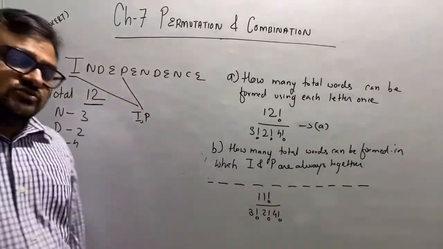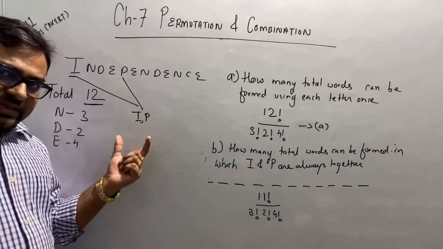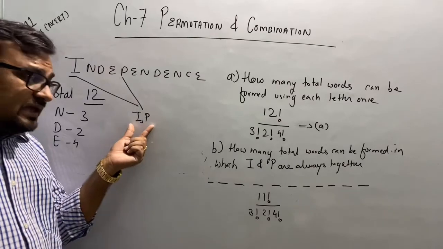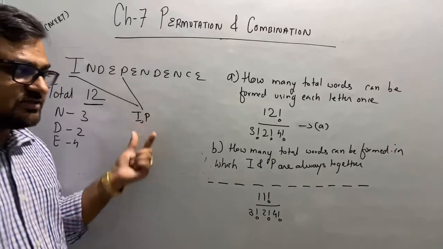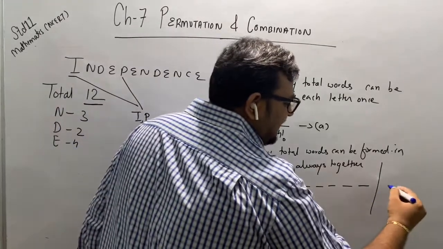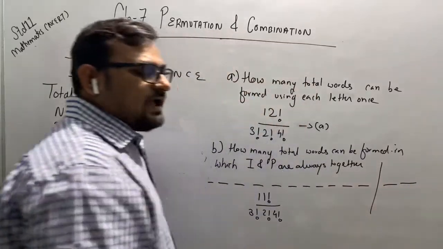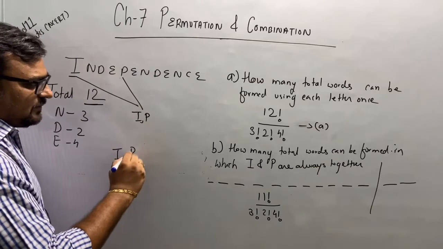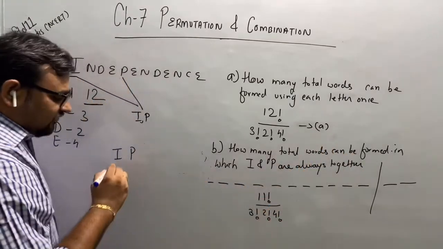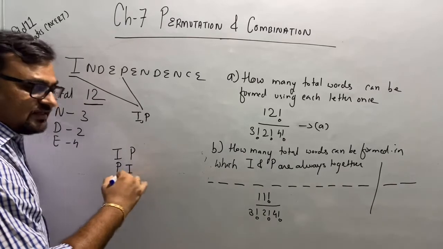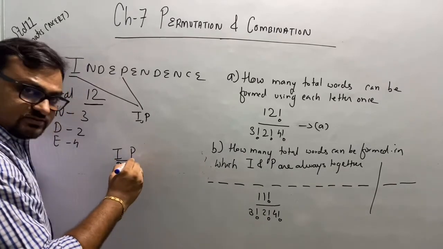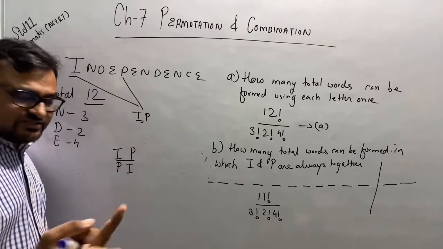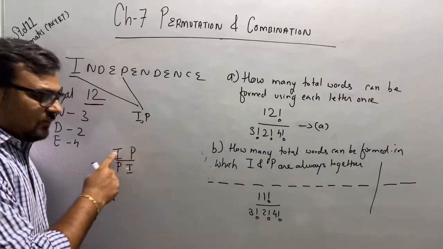Clear? So now I and P both are at the same place, but they can be arranged in two ways. When I take two places for IP, like this way, see, first it will be I, then P, and remaining all the same. First it will be P, then I, then all the same. Now see, this is a single place, so I can place I and P at one place in two ways, IP or PI.